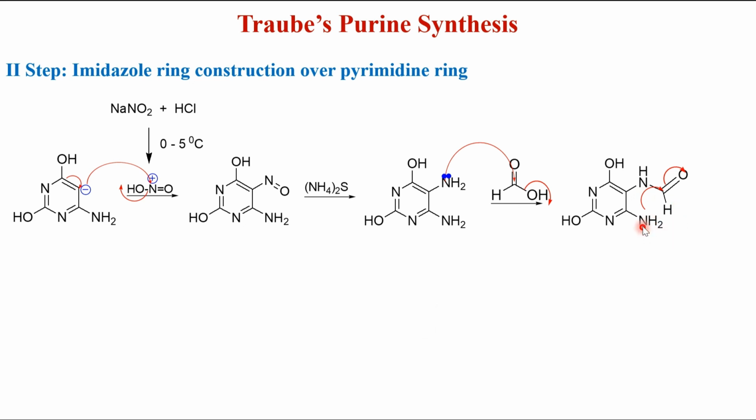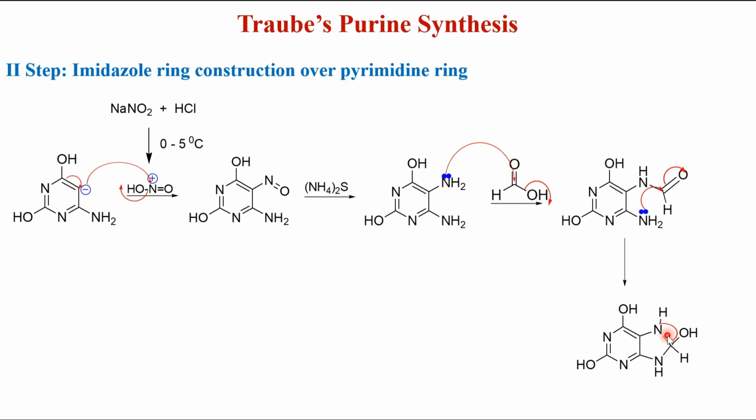The nitrogen in this has a lone pair of electrons, and this lone pair attacks the carbonyl carbon, and there is no easy leaving group. That's why pi electrons move onto the oxygen and it gets converted into OH. And the imidazole ring got constructed over the pyrimidine ring. Now it undergoes dehydration.